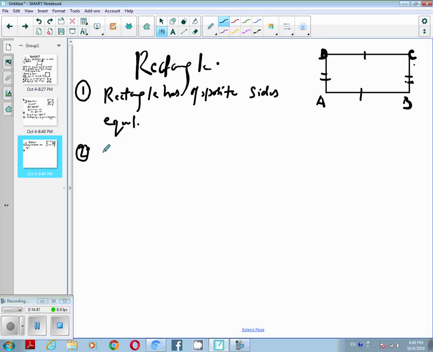Then second property, all the angles of a rectangle are how much? They are equal to 90 degrees. All the angles of a rectangle are 90 degrees, like this.